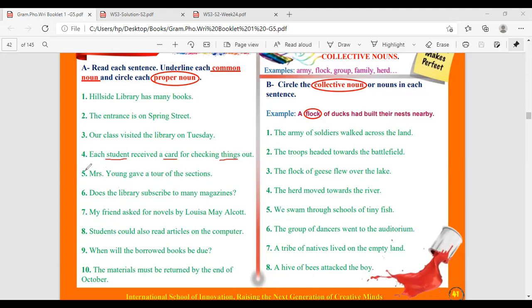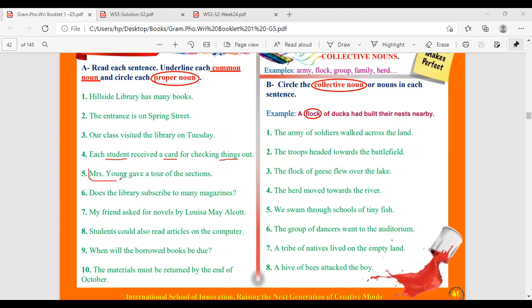Hala, number 5, please. Mrs. Young gave a tour of the section. Please, guys, M-r-s means Mrs., which is for a female who is married. Mrs. Young, Young is the proper noun.